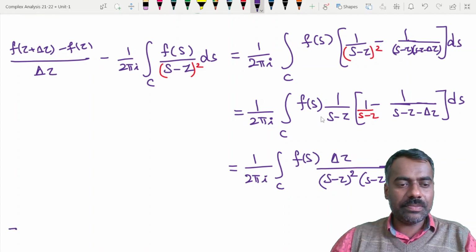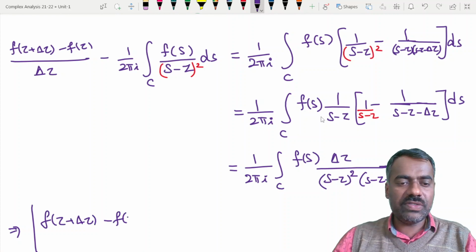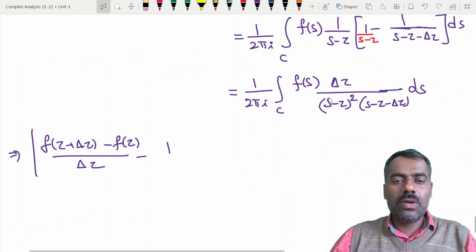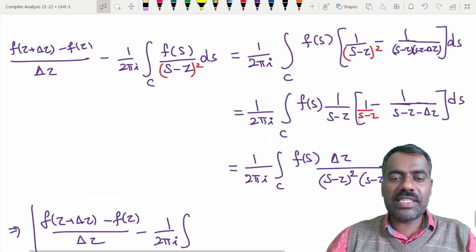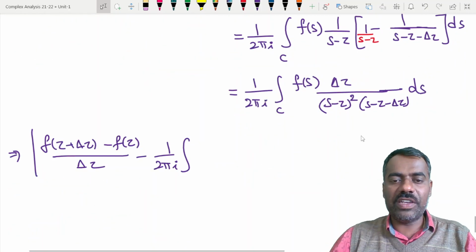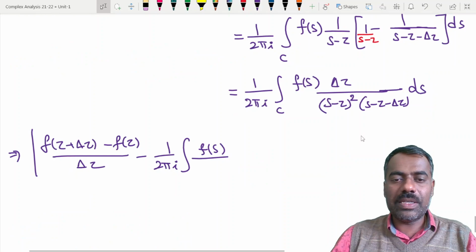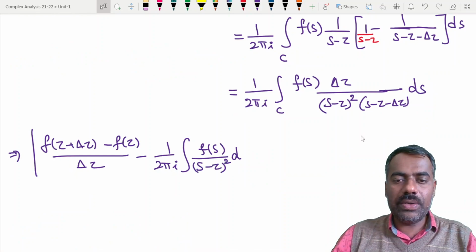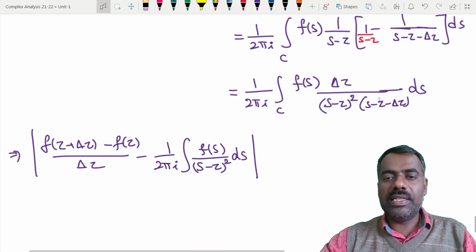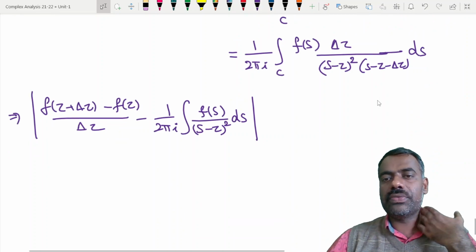This implies the modulus of f of z plus delta z minus f of z upon delta z, minus 1 by 2 pi i into integration of f of s upon s minus z whole square into ds, this value is equal to this one.